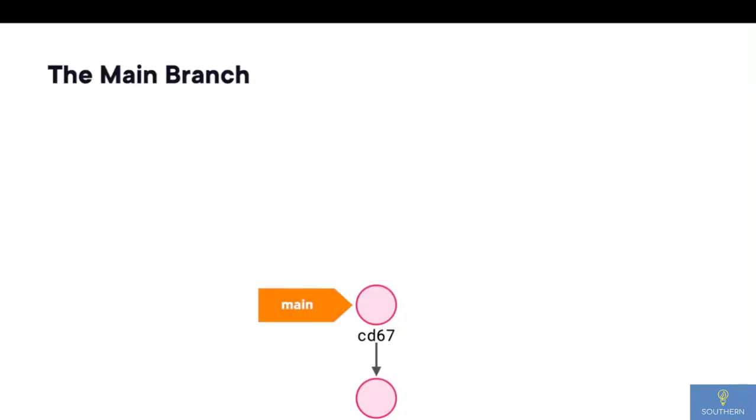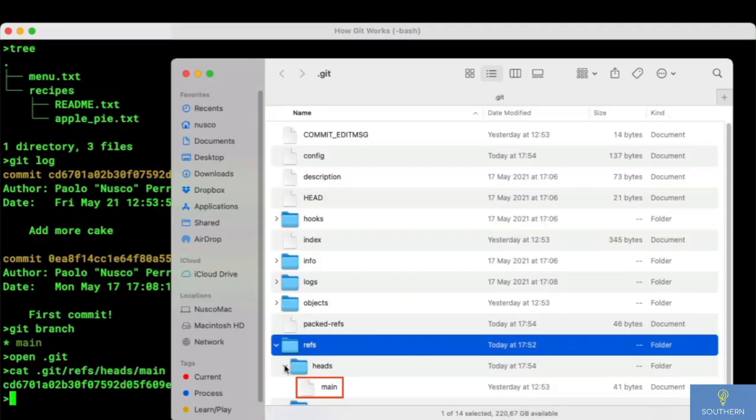And note that this main branch actually has no special status in Git. Yeah, Git created it for us, but otherwise it's just a branch like any other. And in general we conventionally decide that it's the main branch of our project, unless we decide otherwise. And just like any other branch, all there is to it is this small file.